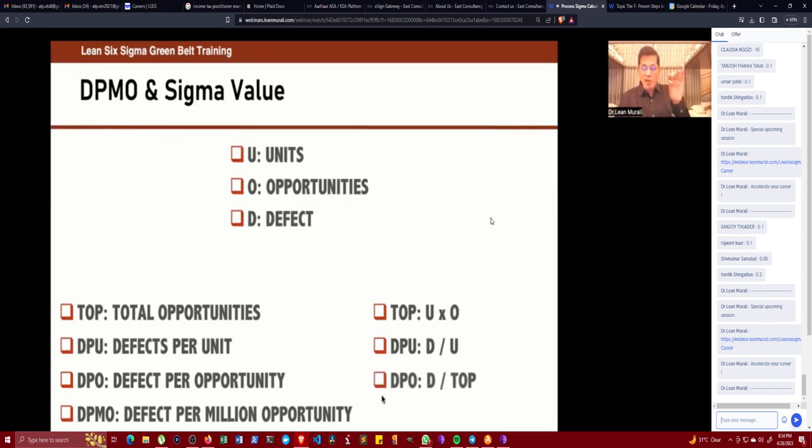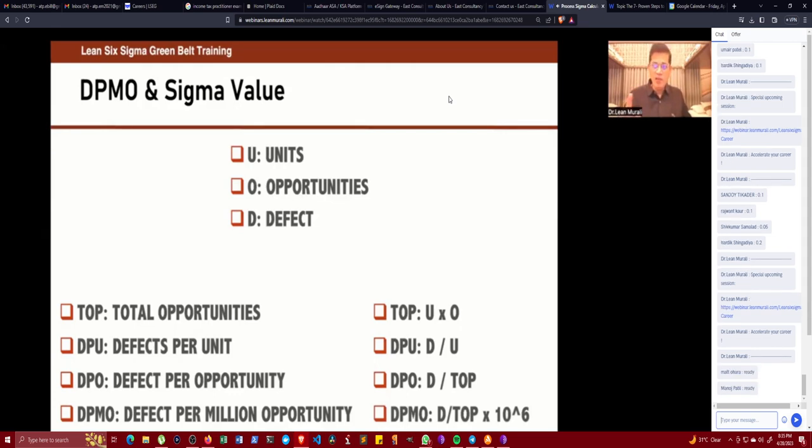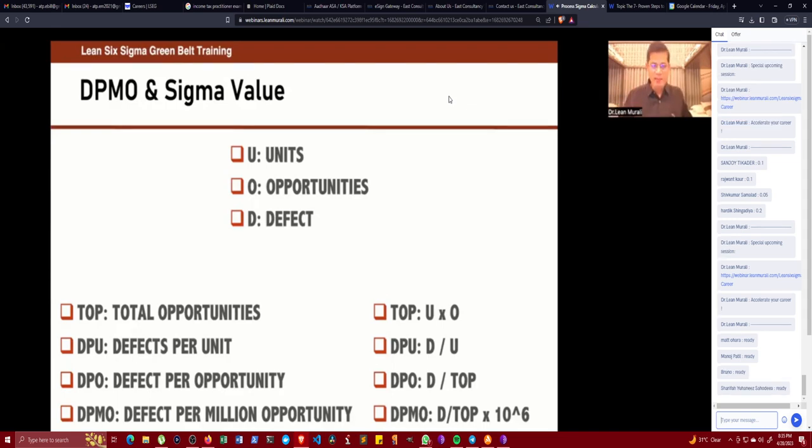So 10 divided by 200 opportunities. These are the initial calculations I'm just telling you, but don't worry, I'll give you an example where the calculations will be shown here. And then 10 defects over 200 opportunities, multiplied by 10 power 6, gives defects per million opportunities. And then you will calculate the sigma capability from the data.